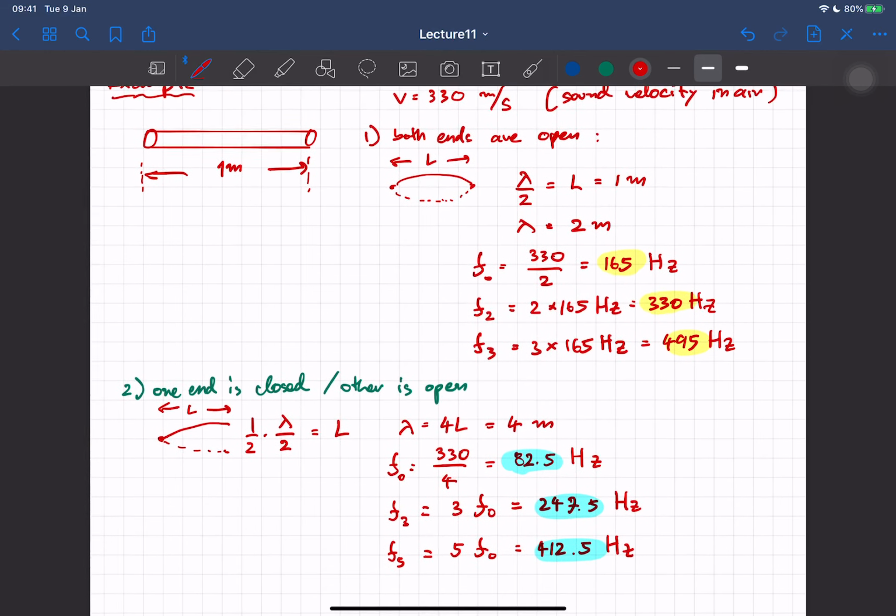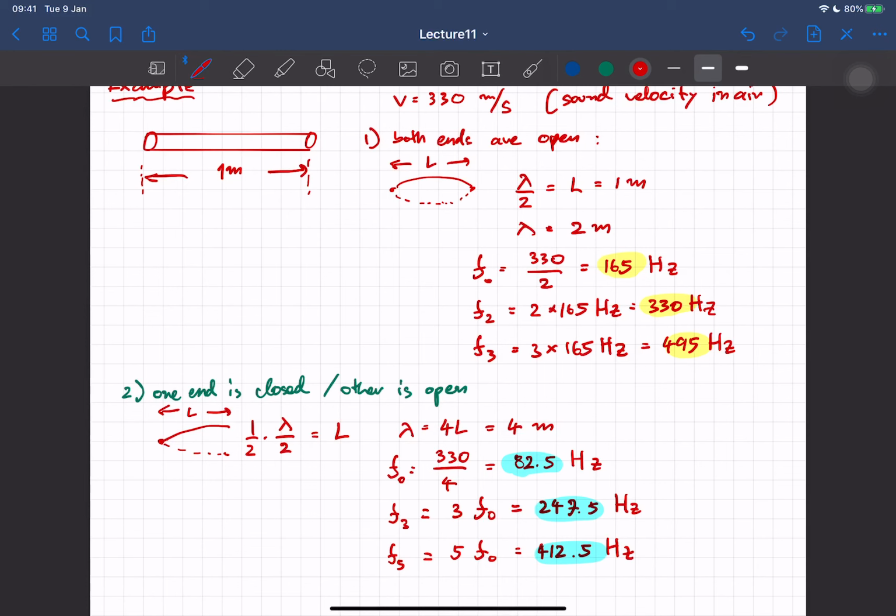Okay, and one last thing is that some of you might have played this kind of instrument before, and what you do when you open or close the holes of a flute or recorder is you effectively change the length of your tube, right? A trombone is probably the best example, but in terms of flute, you need to open or close the hole to effectively change the length, right?